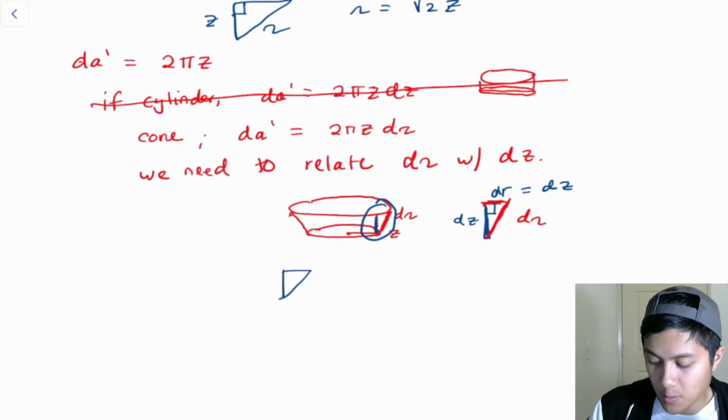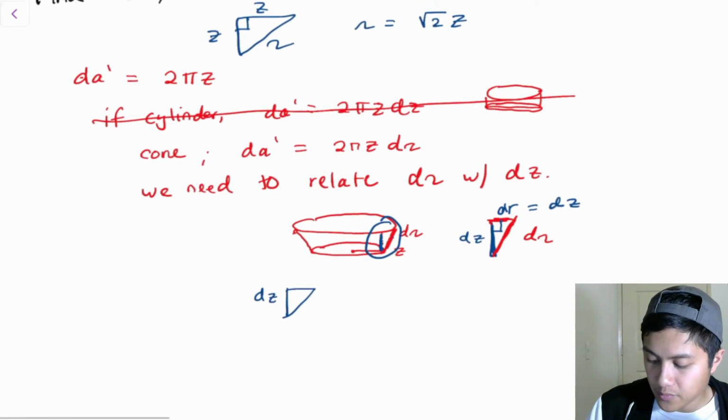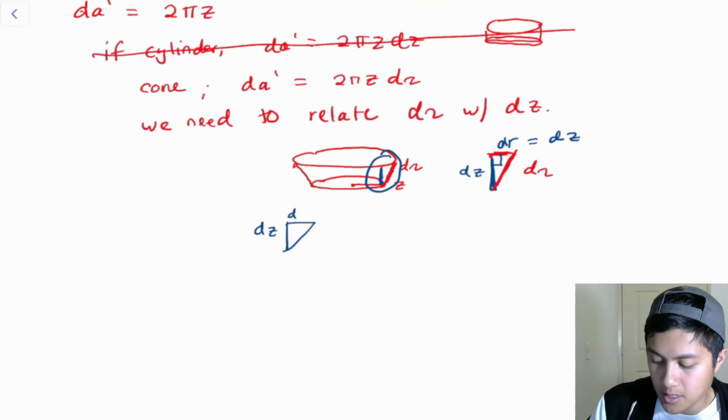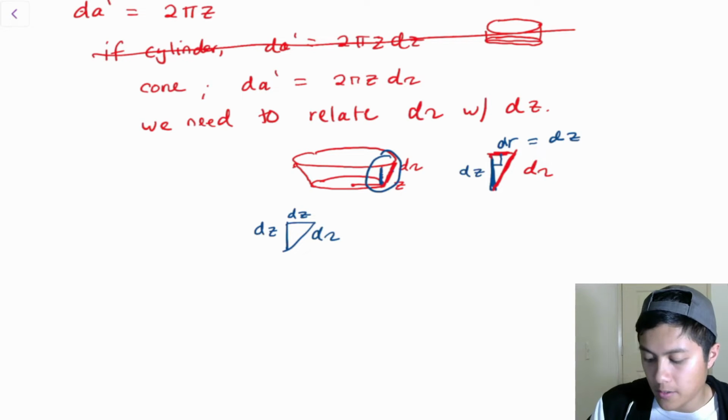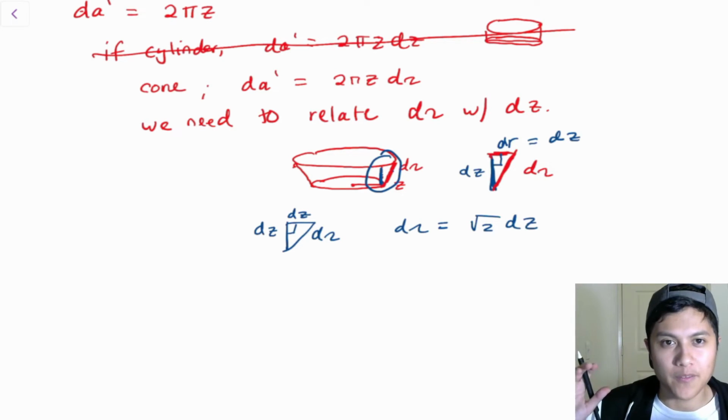With those two pieces of information, we again have a right triangle. Remember, we had the same right triangle above with non-differential z's and non-differential r's. But here we have dz, dz, d script r. And so we know that d script r is equal to square root of 2 dz. Okay, so that was a mouthful.